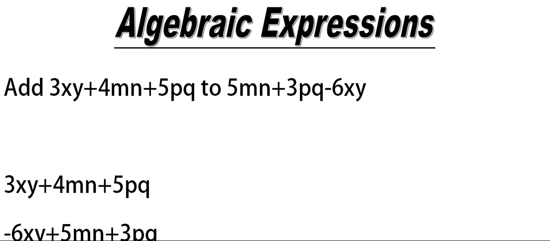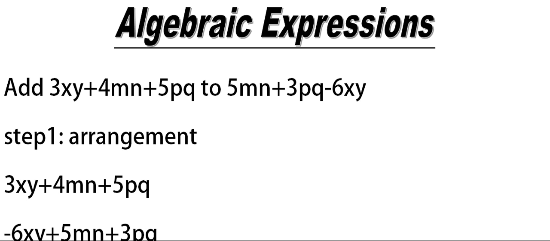So how do we have to solve this? I'll show you in step 1. Step 1, arrangement of like terms. Now what are like terms? Terms having the same variable and the same power are called like terms. So you have to segregate them.